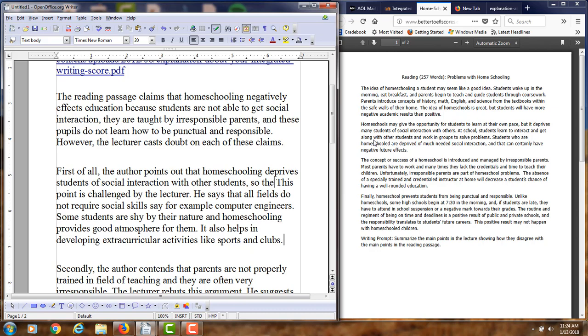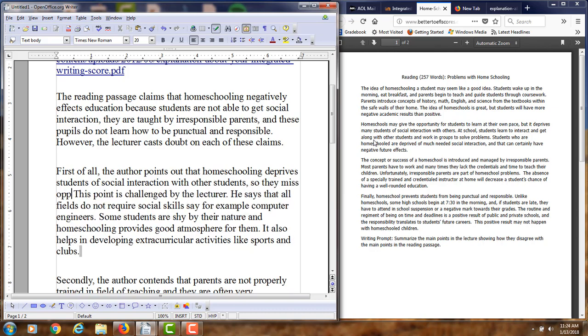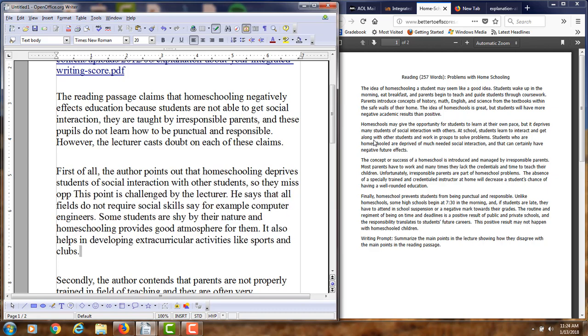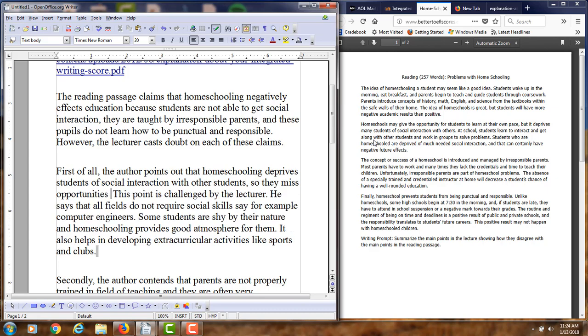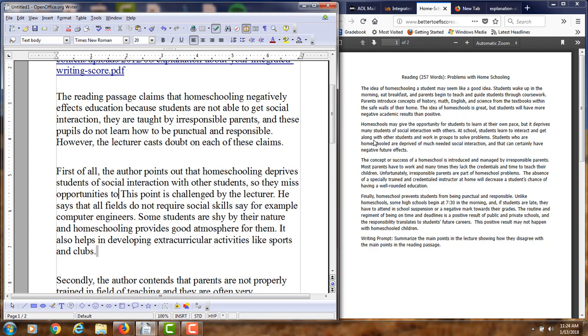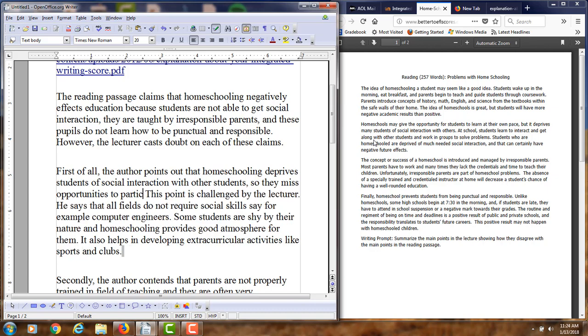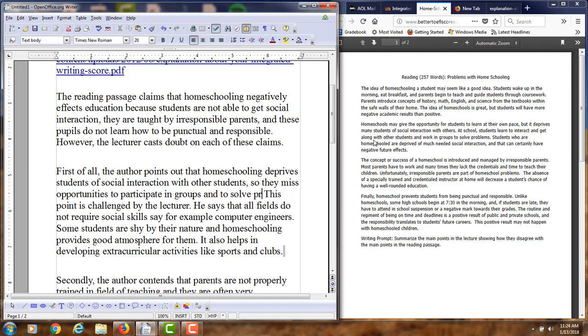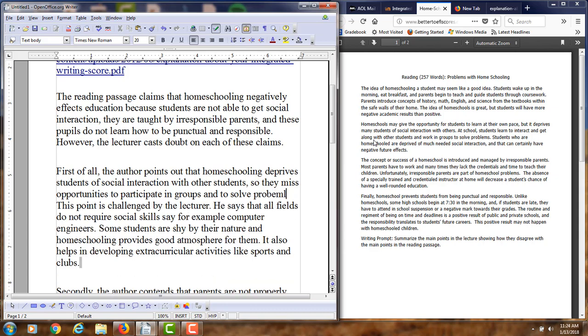You might say, so they miss opportunities to work, to participate, you might want to say, in groups, and to solve problems. So I just developed this slightly, just a little bit more.